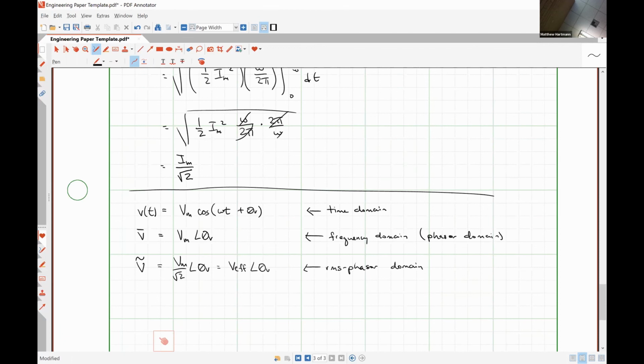And if it has units of volts RMS or amps RMS, it is obviously an RMS phasor domain. The relationships that we are going to be developing over pretty much the remainder of the class will all necessitate working in the RMS phasor domain. So you need to be ready to convert from the frequency domain to the RMS phasor domain if you ever see that your units aren't amps or volts RMS.